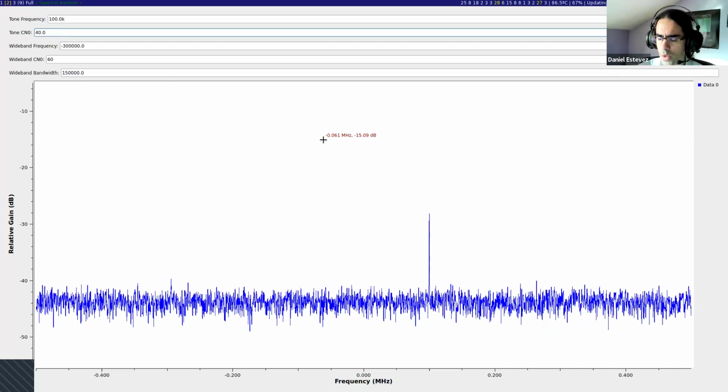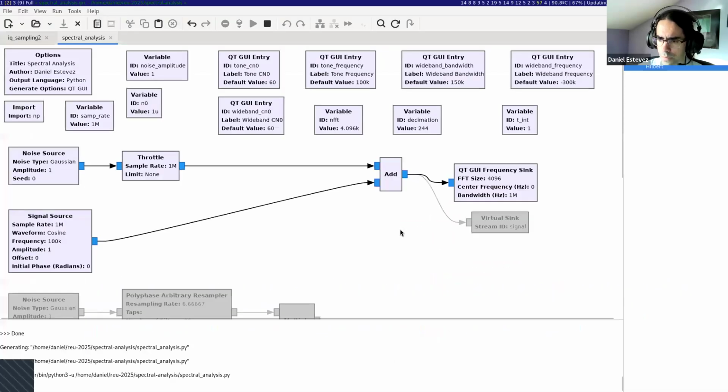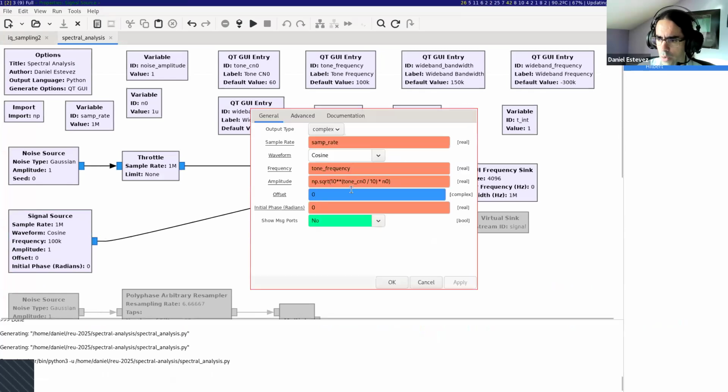How can we calculate things, or what is the formula of the amplitude for the signal to set it at the correct CN0? So it is this formula. The CN0, we are setting it in decibels.